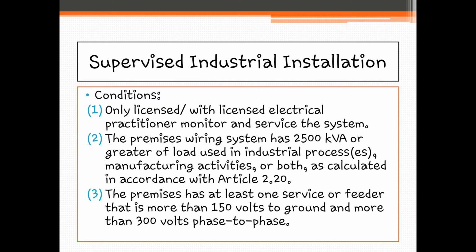And next condition is the premises wiring system has 2,500 kilovolt-ampere or kVA or greater of load used in industrial processes, manufacturing activities, or both as calculated in accordance with Article 2.2. Next is the premises has at least one service or feeder that is more than 150 volts to ground and more than 300 volts phase to phase.